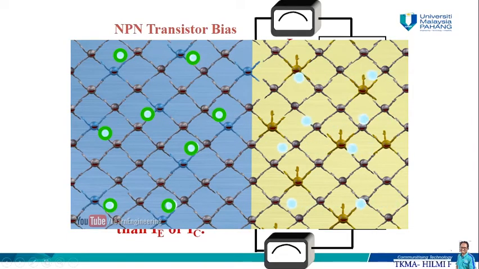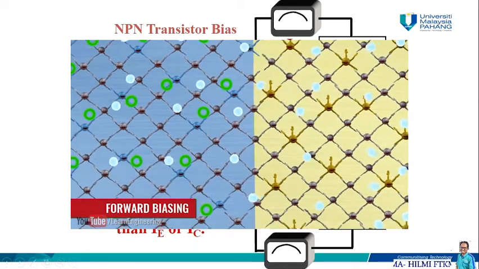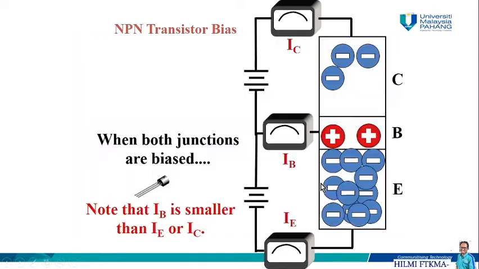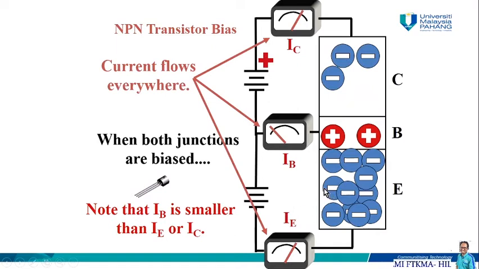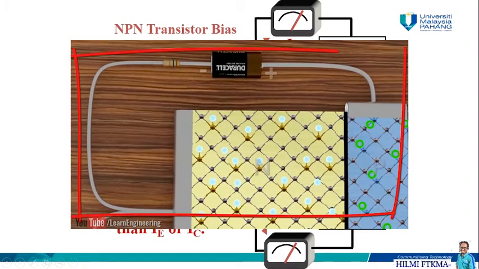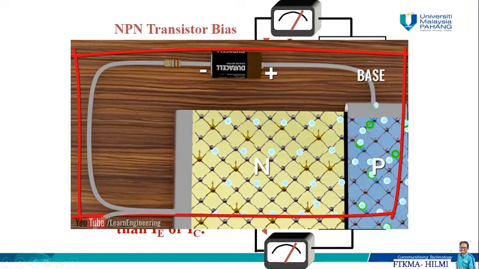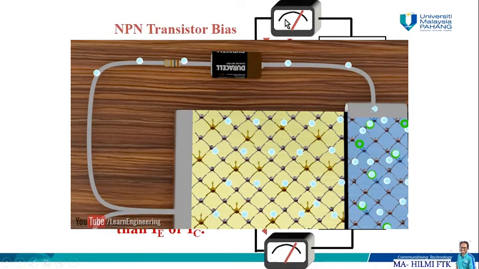So what happens is that when both junctions, B, C, and E, are biased together, the electrons that are forward biased in the first part, from the emitter to the base, are going to flow in this circuit, but at the same time they will also pass through the next region, the collector region, and therefore allow this circuit to also be forward biased.